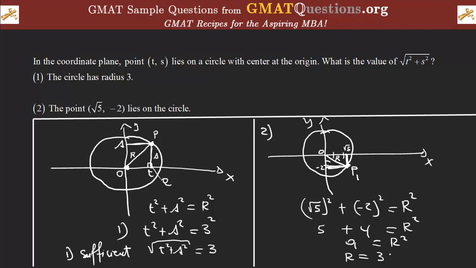And then we can tell also that number 2 is sufficient, because number 1 was sufficient and we had essentially the same information. Number 1 is sufficient by itself. Number 2 is sufficient by itself. So the correct answer to the question should be D. D is the correct answer.